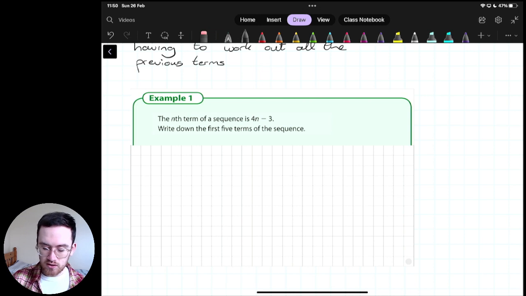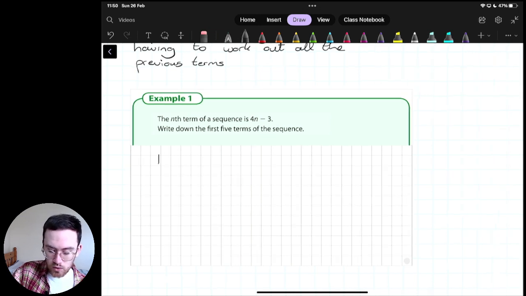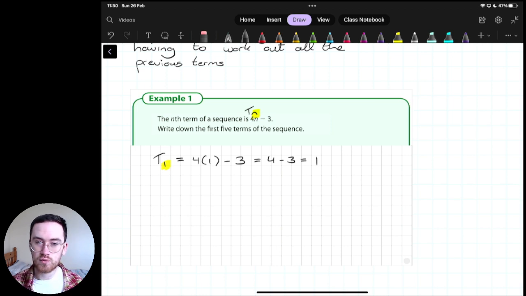So if we have t1, comparing it to what we said about tn, we can see that 1 is where we would normally have n. If we follow it through, 4 times 1 minus 3 gives me 4 minus 3, which gives me a value of 1. So the first number in my sequence is going to be 1.